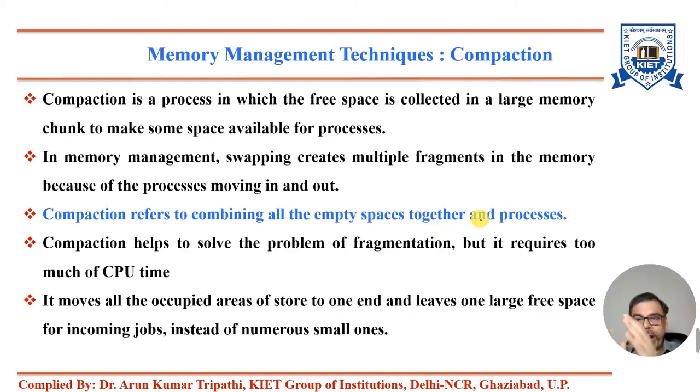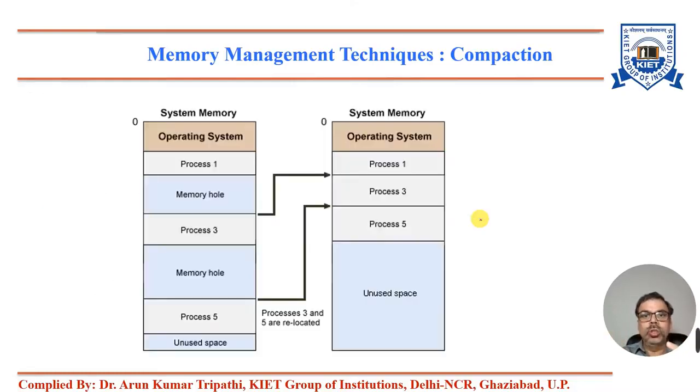When we combine, that means we can shift processes from one memory location to another. That means we have to relocate them. We can understand this better with the help of an example. This is process 1, this is process 3, and this is process 5.